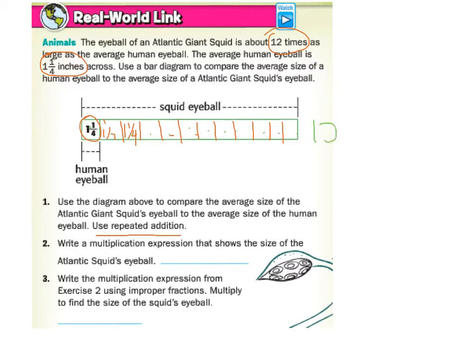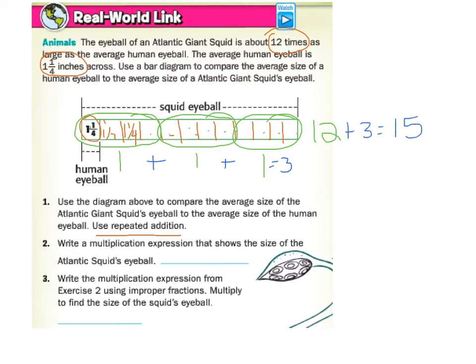We'd have 12 whole sections, and then we could group 4 of these sections together, which would be another one whole thing, and another set of 4, because 4/4 added together equals one whole thing, so we'd add 1 + 1 + 1 equals 3, so we take 12 plus 3 and we get 15.